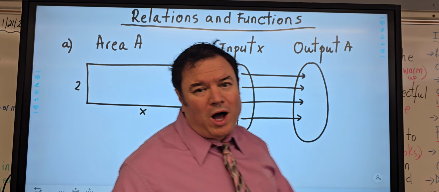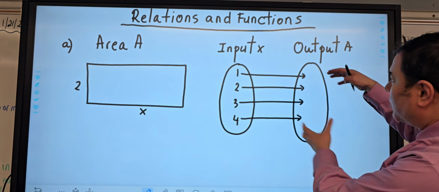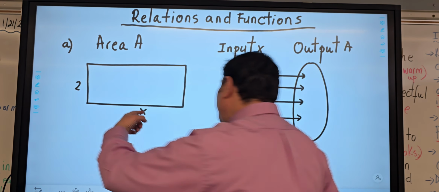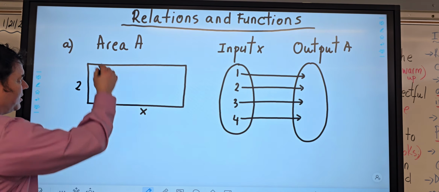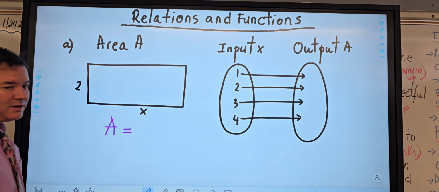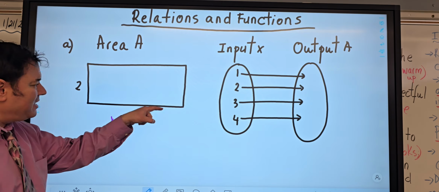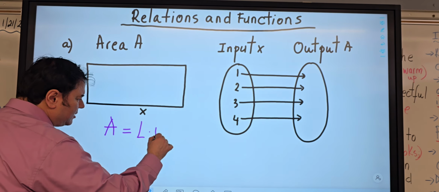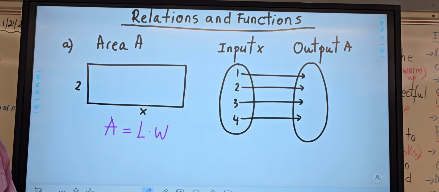So to solve this problem, to find the output for our inputs, we need to use the formula for the rectangle. The area of a rectangle equals, if you remember, length times the width. So L times W, okay?